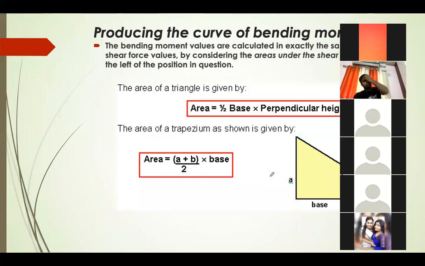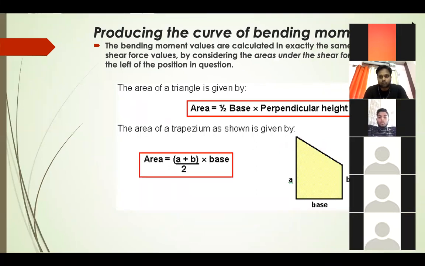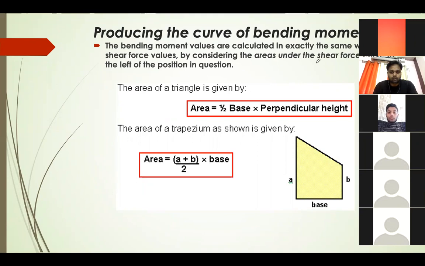So before going into curve of bending moments, for finding shearing forces, we add basically the load into the length. Here we'll be calculating areas for bending moment, and most of it will be using these two formulas: area of a triangle, which all you know, area is half base into height, and we'll be using the area of a trapezium, which is (a plus b) by 2 into base.